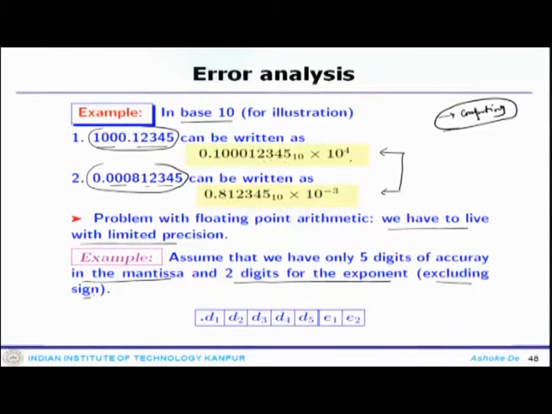Okay. So, if you look at that, the 5 digits of accuracy, after the decimal you go D1, D2, D3, D4, D5, and then 2 digits for the exponent, E1, E2.